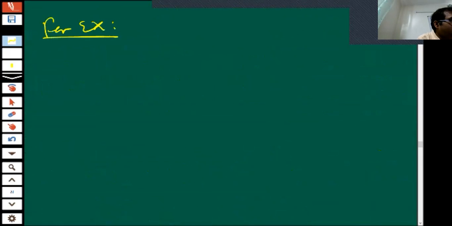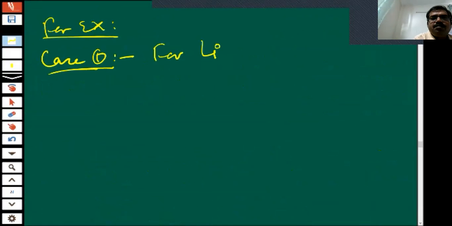For example, case 1, for lithium, IE1. I am giving you values.